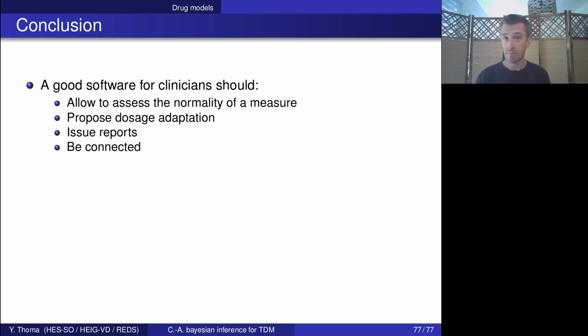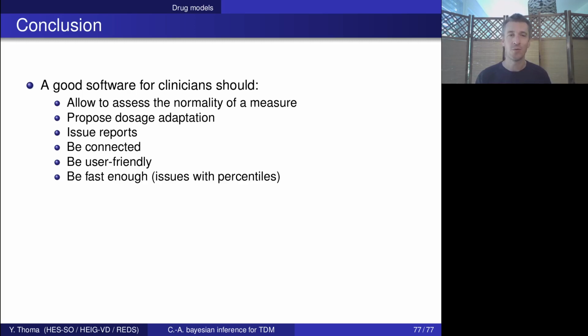It should be connected, with still the issue that every database is different, so we would need some bridges between various databases. It should be user-friendly. There are a lot of software that are not really that user-friendly and easy to use in a sense. And it should be fast.